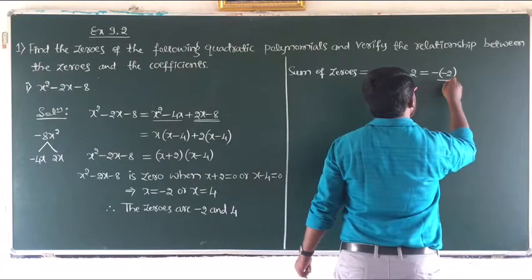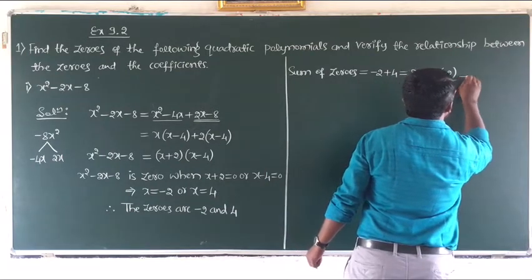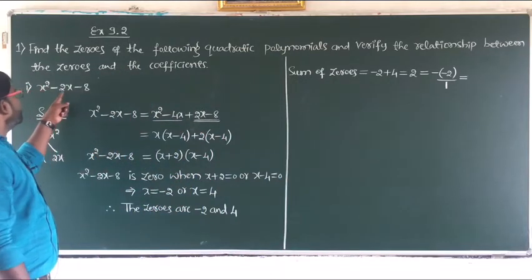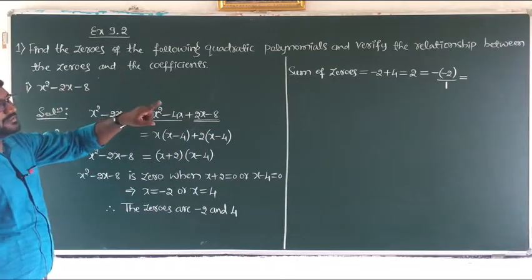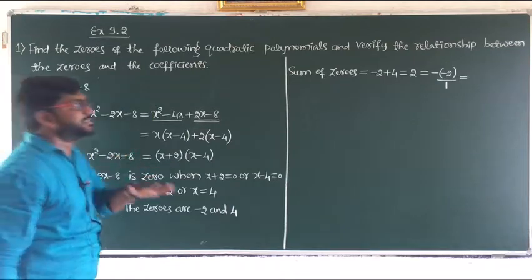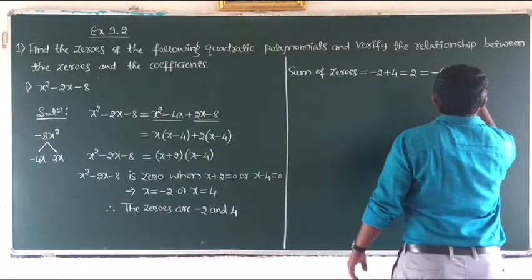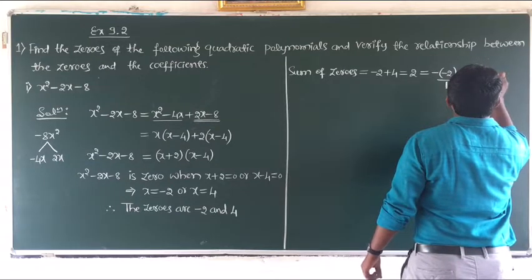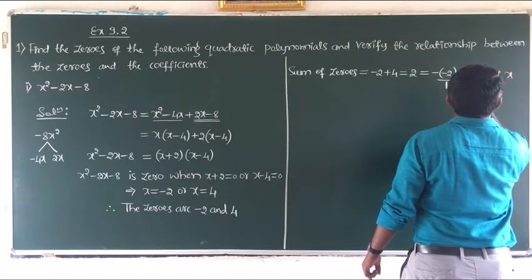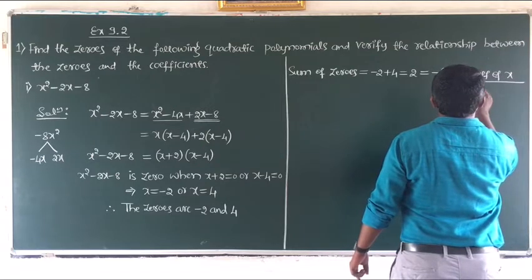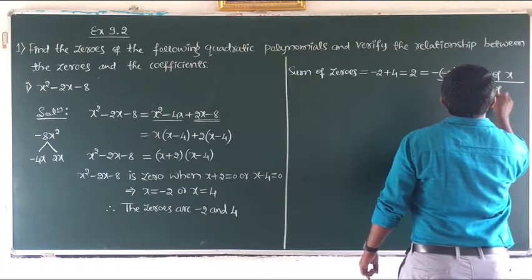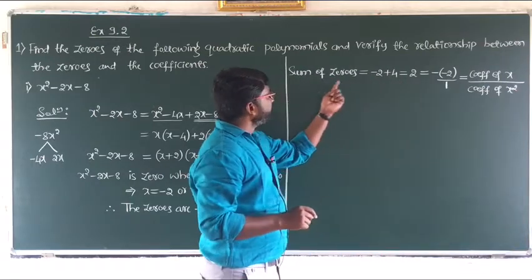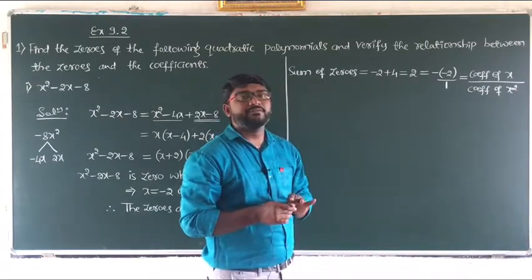Minus 2 is the coefficient of x, and 1 is the coefficient of x square. So this is minus coefficient of x divided by coefficient of x square. So we have verified the sum of zeros.